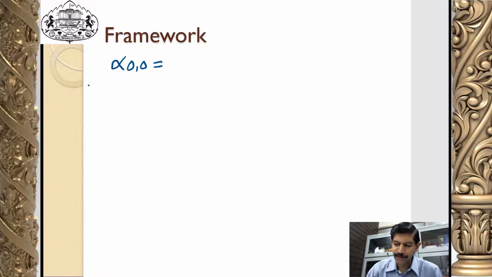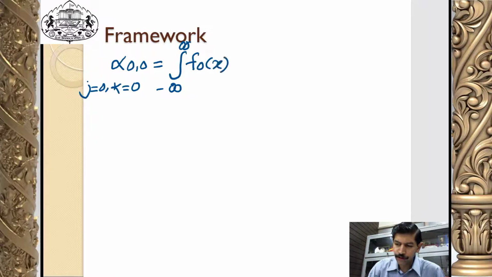So j is equal to 0 and k is also equal to 0. And we know the formula. It is the integration from minus infinity to plus infinity of f0 of x into 2 to the power j by 2, but it is 1 because j is 0, into phi of 2 to the power j, which is again 1, so x minus k, into dx.